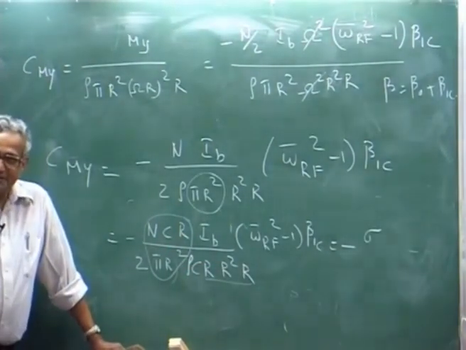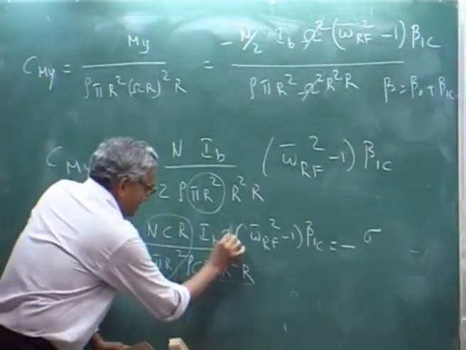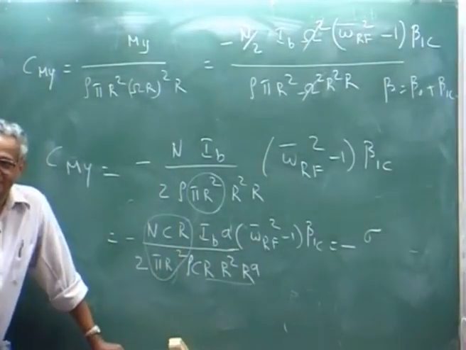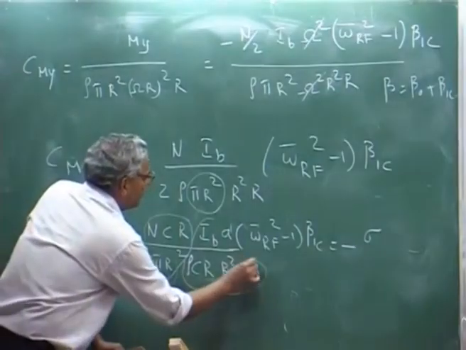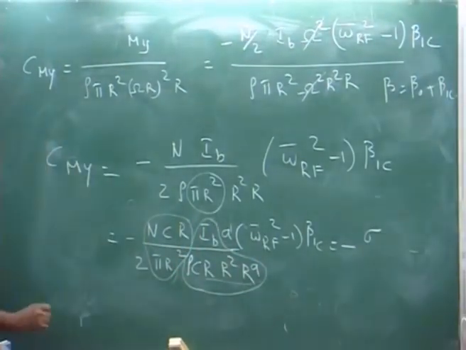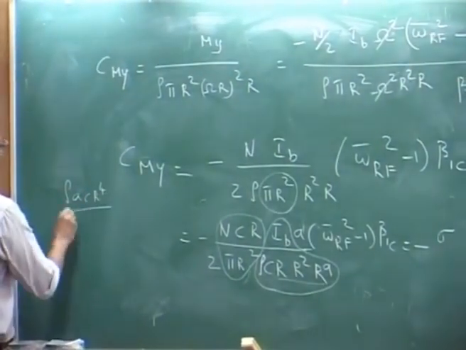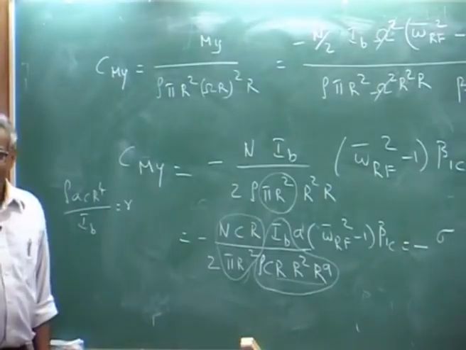You multiply by the lift curve slope a and divide by a. Then this factor is rho a c R to the power 4 over I_b, this is gamma.